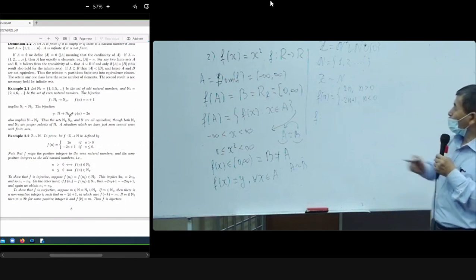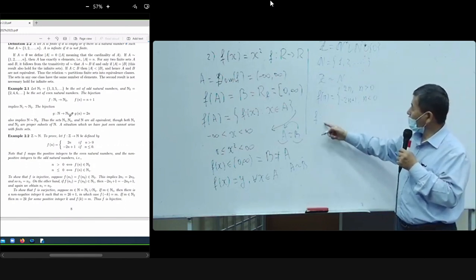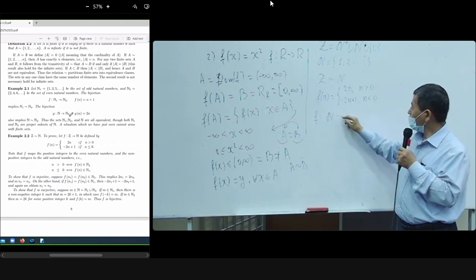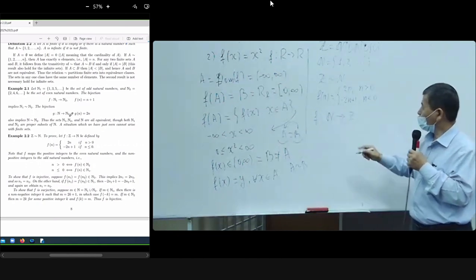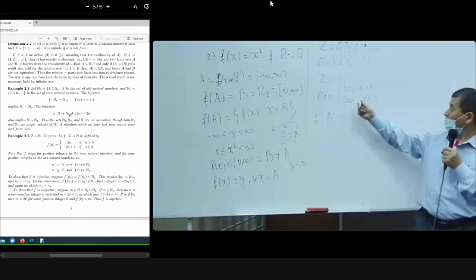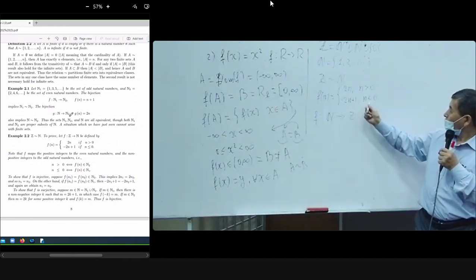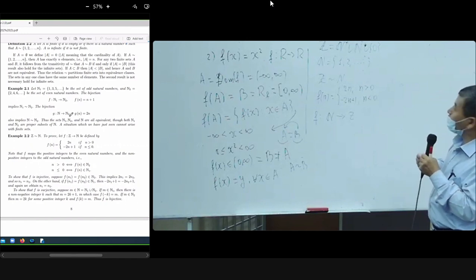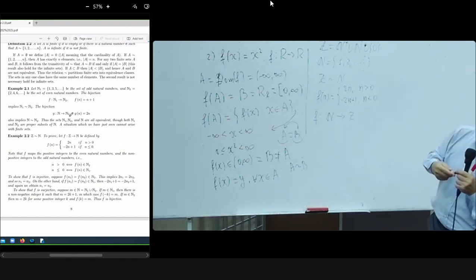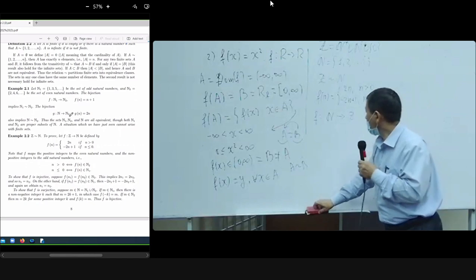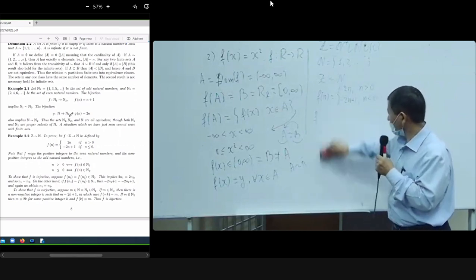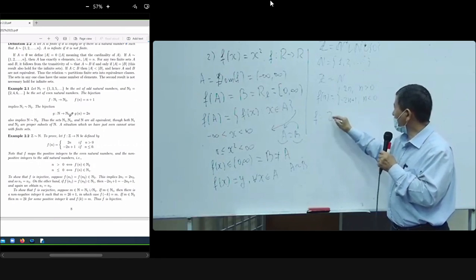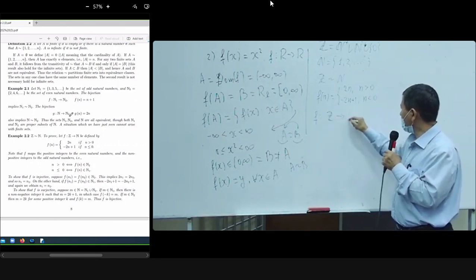Now this f is mapping N to Z. Am I right? Opposite, Z to N. Yeah, opposite. So f is mapping Z to N.